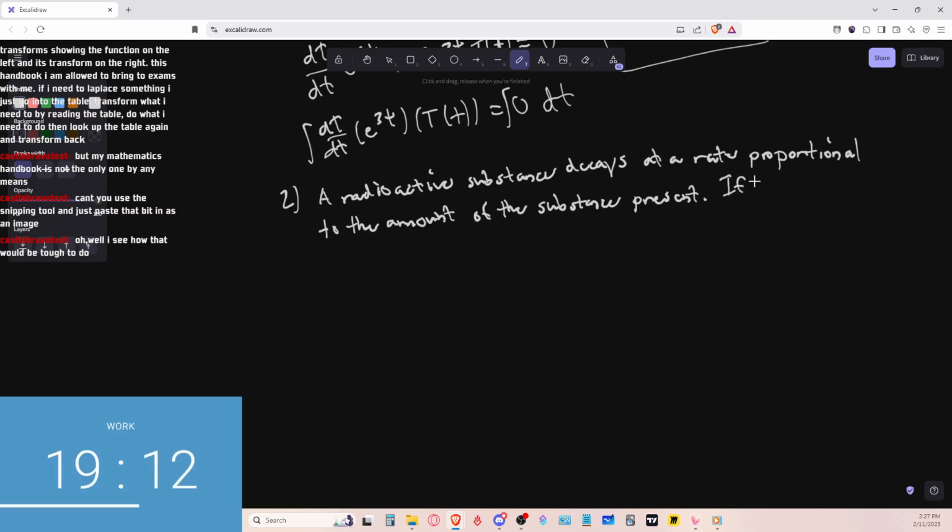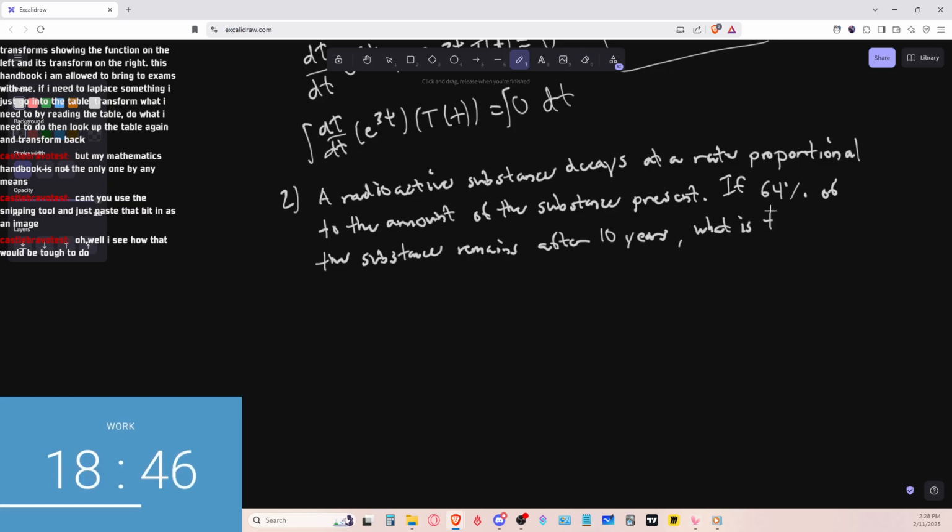If 64% of the substance remains after 10 years, what percentage will remain after 15 years?